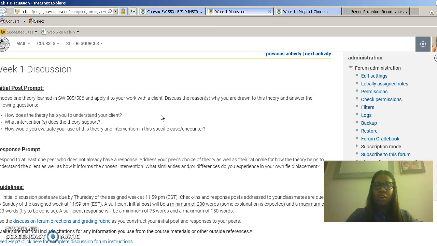One theory that I really love and utilize in my work is Erikson's theory. Erikson's theory talks about how we develop as human beings and how we complete different stages of our lives. If we haven't completed the various stages successfully, it makes it hard for us to grow and develop meaningful relationships with other people.